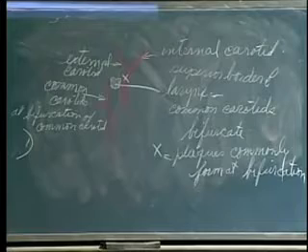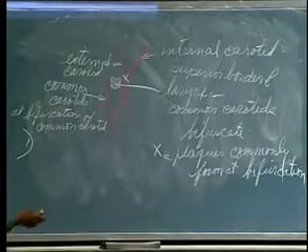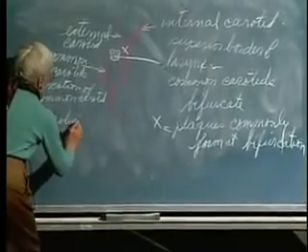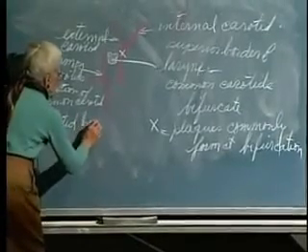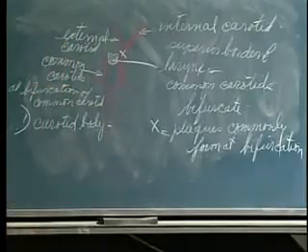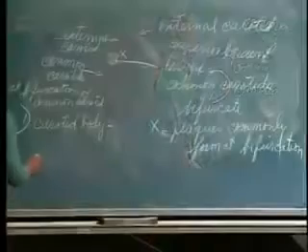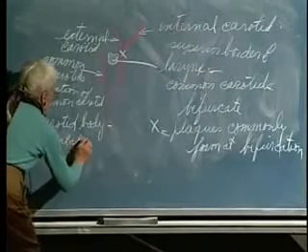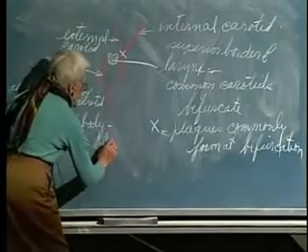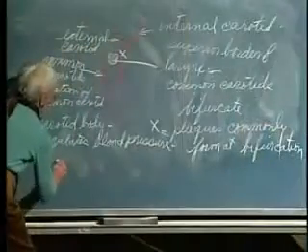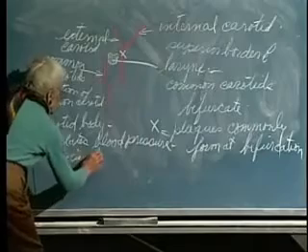We have the carotid body that regulates blood pressure. This is in the wall of the artery, regulates blood pressure via the ninth cranial nerve.